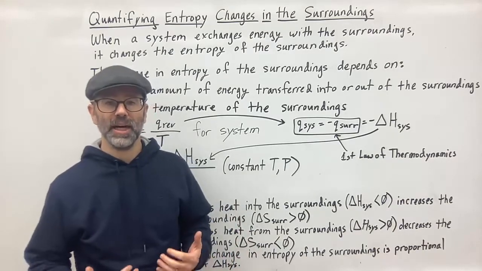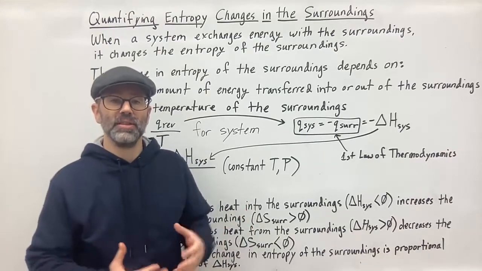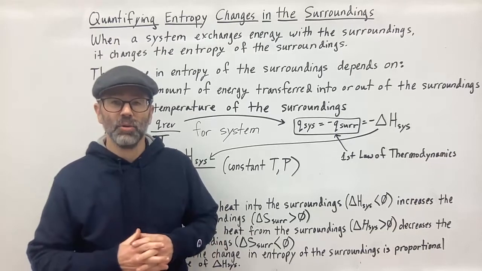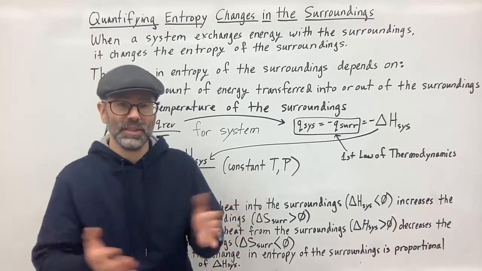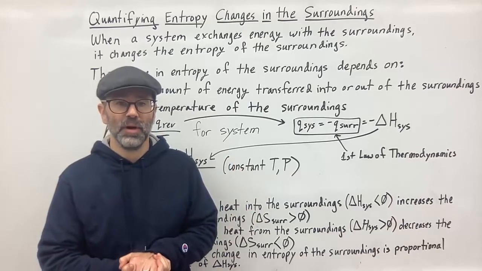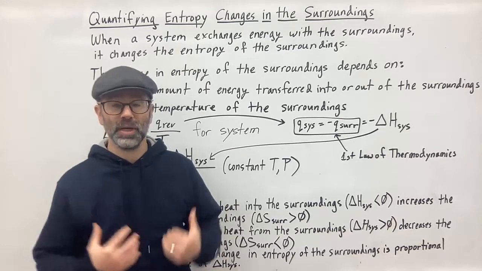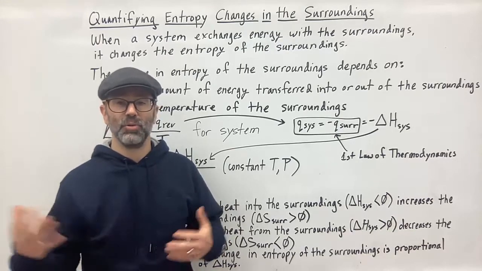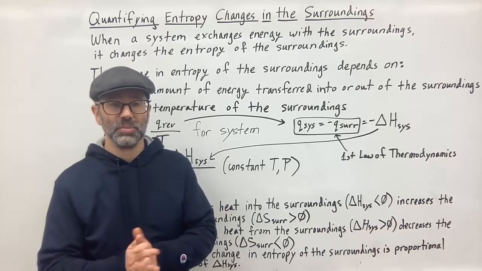If the system is releasing energy into the surroundings, then the system will tend to decrease its entropy while the surroundings increase their entropy. And vice versa: if the system is absorbing energy from the surroundings, the surroundings will decrease their entropy while the system increases its entropy.